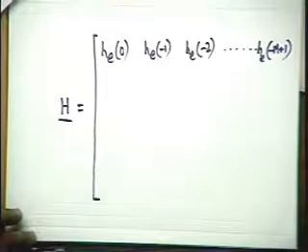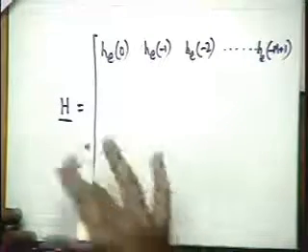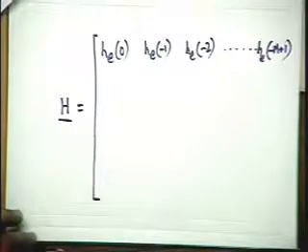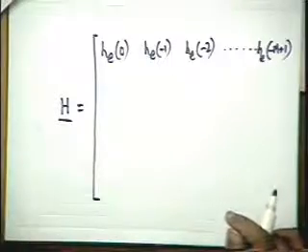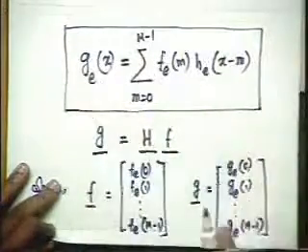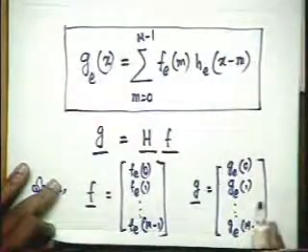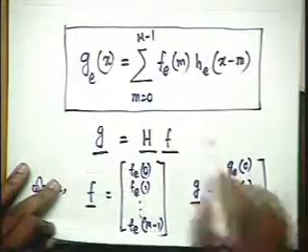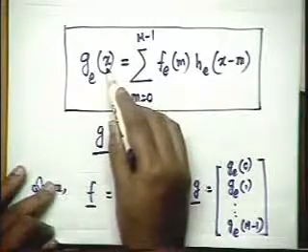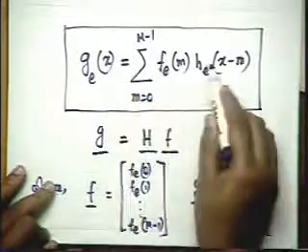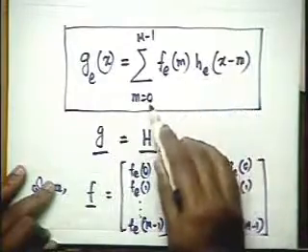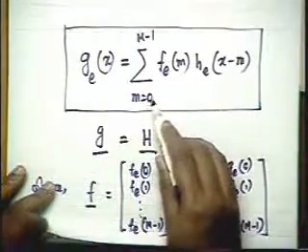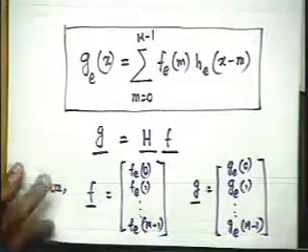We will make use of the property of this H function and get the matrix in a better form. Right now I am forming the matrix directly by making use of this expression. I am not doing any other manipulation. Only to get the first row, I have put x equal to 0 and got the elements by varying m from 0 to capital M minus 1. Only that much I have done.